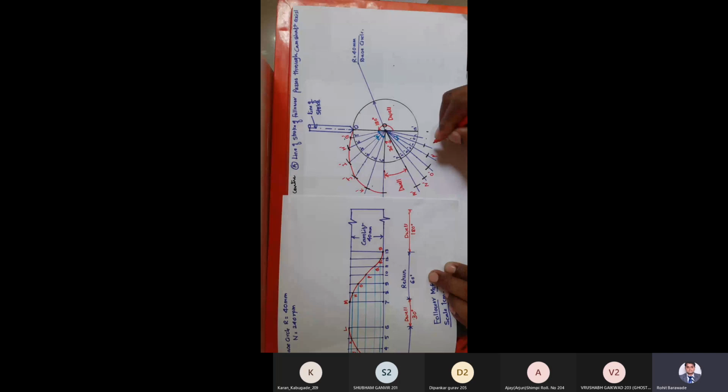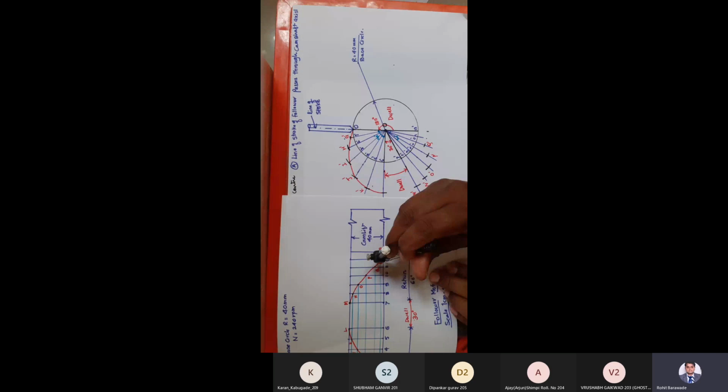Then the last is 12 to R, and this point is the R dash point.